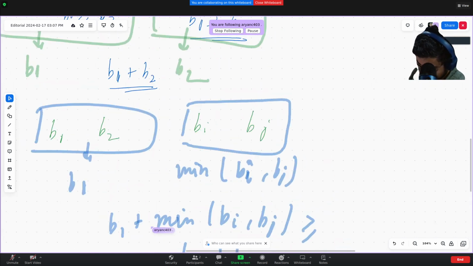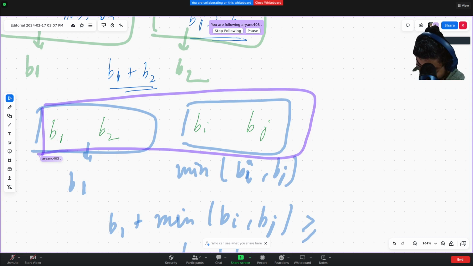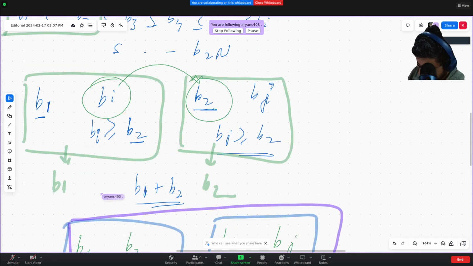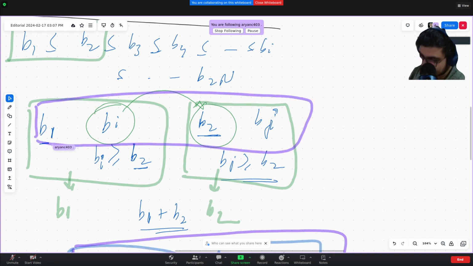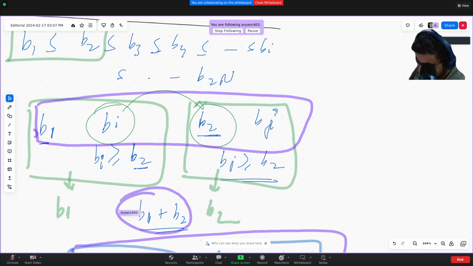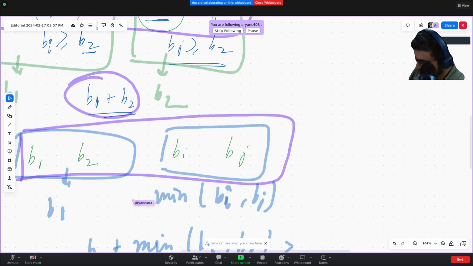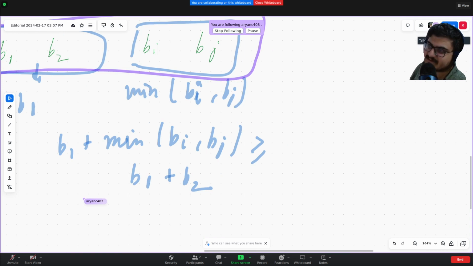Here the smallest and second smallest numbers are paired, and in this case they are not paired. By just looking at the numbers which were paired with the smallest and second smallest numbers and swapping, earlier our score was b1 plus b2, and now our score is b1 plus some number which is greater than or equal to what we would have got.